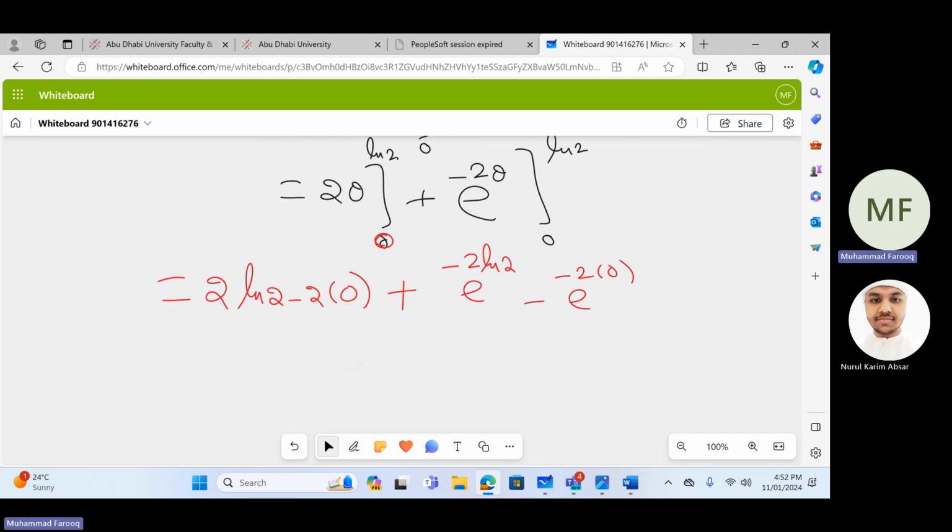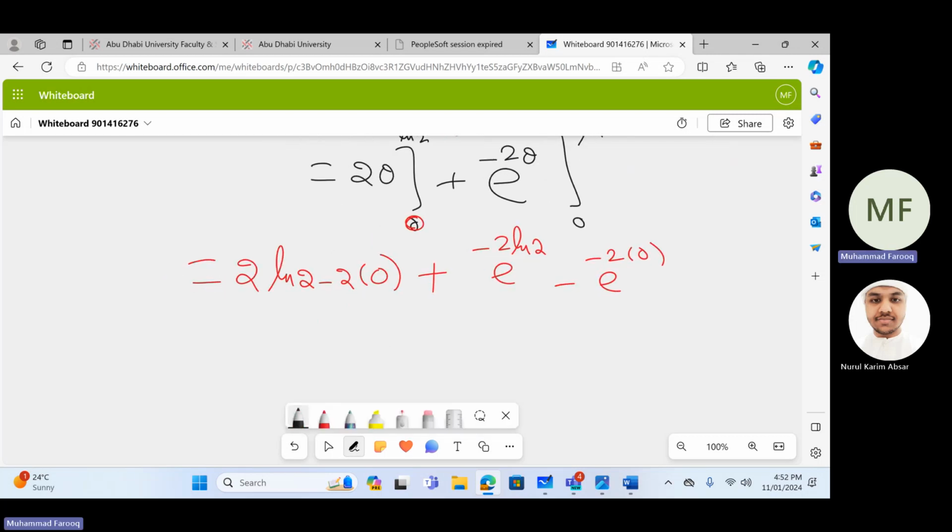Okay, please, just give me the answers. Come on. Where's the answer? Last answer: 2 ln 2. Plus here, this is 0, and here is 1. Am I right? How much is the answer? Plus 1/4. Plus 1/4. Okay, good. And here 1. Right? Now, what can we do more? 1/4 minus 1 you can combine.